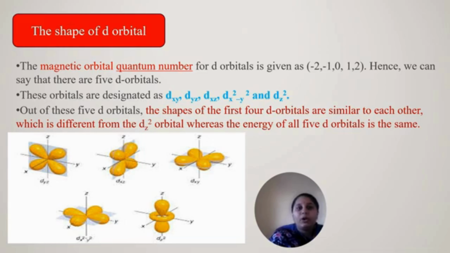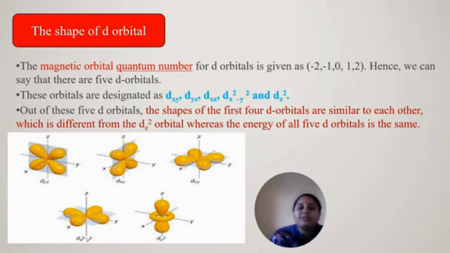Shape of the d orbital. The magnetic quantum number for the d orbital is given by -2, -1, 0, 1 and 2. So as a conclusion, we can say there are 5 d orbitals. Each orbital is different from one another with respect to their axes: dxy, dyz, dxz, dx square minus y square and dz square.